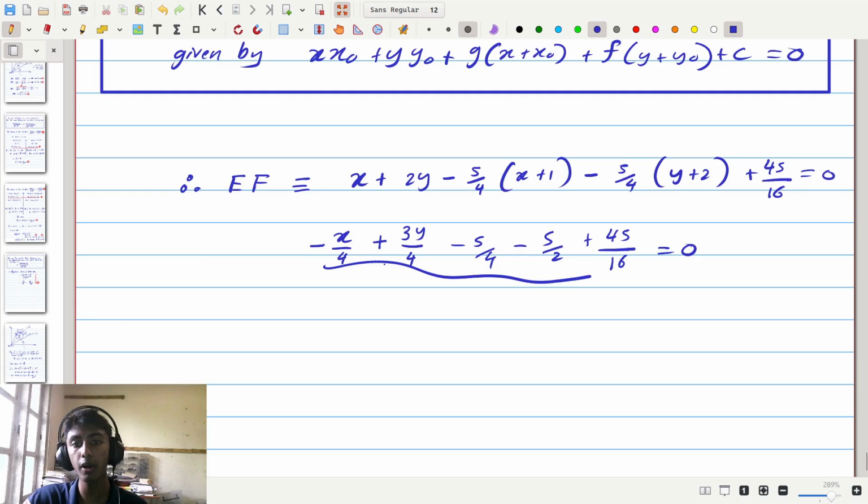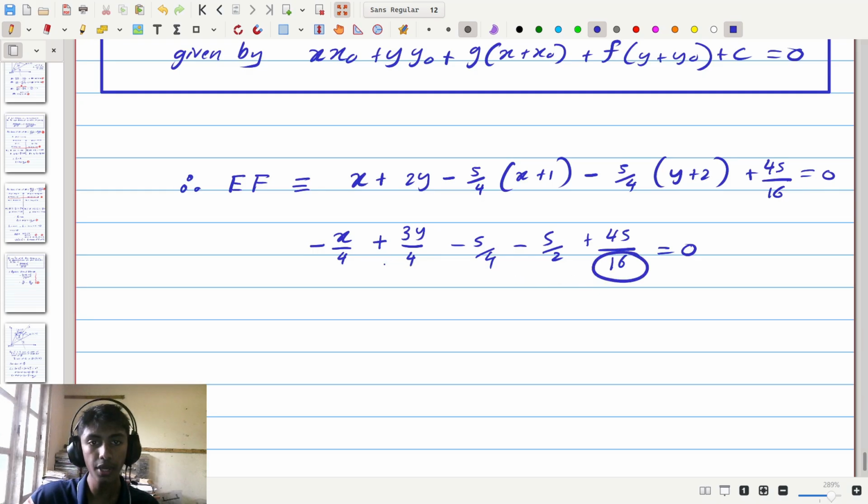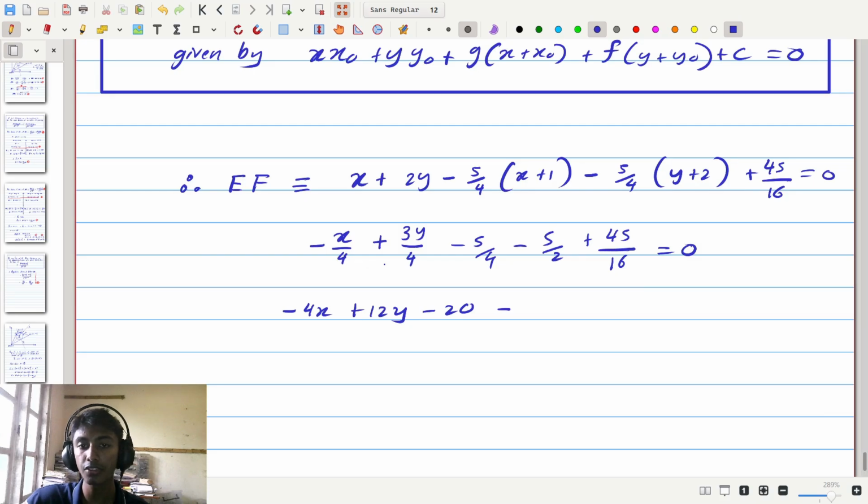Now if we simplify all of this by multiplying everything by 16, we can see we're going to get minus 4x plus 12y minus 20 minus 40 plus 45 equals 0.